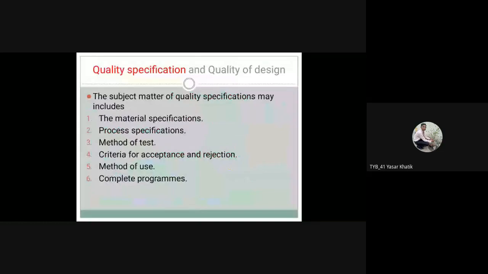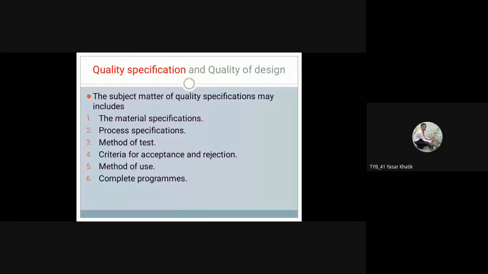Then the subject matter of the quality specification may include the material specification, process specification, method of test, criteria for acceptance and rejection, method of use, complete programs.